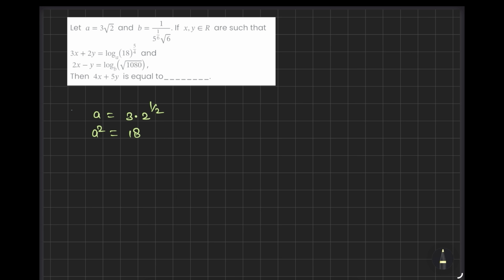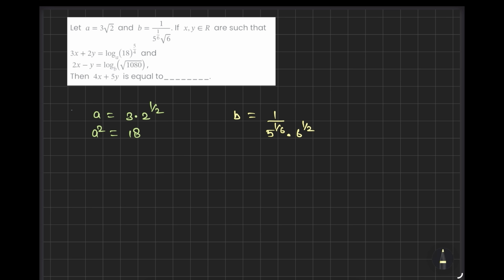Same way we will try to convert this 1080 into a power of this. So just be super slow and observe. Can I write b as 5 power 1 by 6 times 6 power 1 by 2, correct?